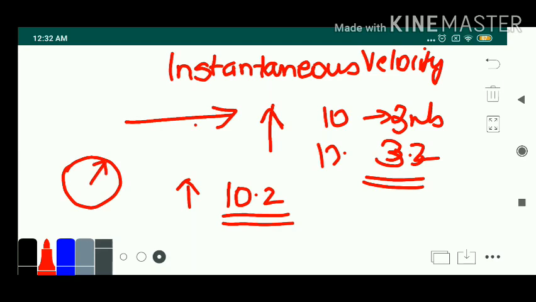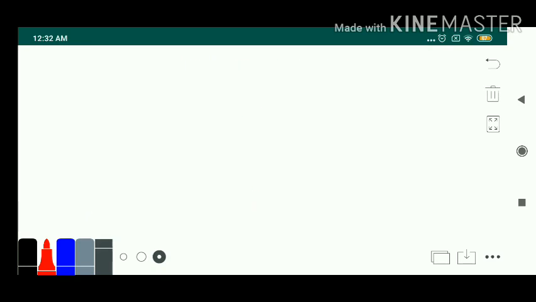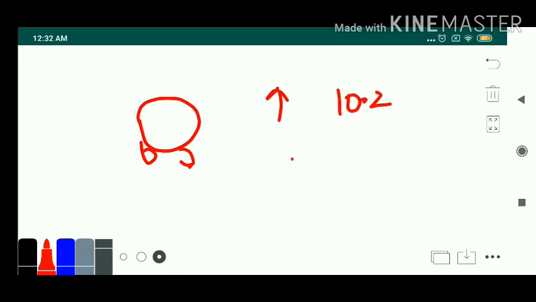If it had been a cycle or a car, it's very easy to say. Let's move on with the car. Suppose I was traveling in a car, right, and I found I was very late to school, and I increased the speed at 10.2. When I looked at the speedometer, I saw a speed, let's say 60 meter per second, right?